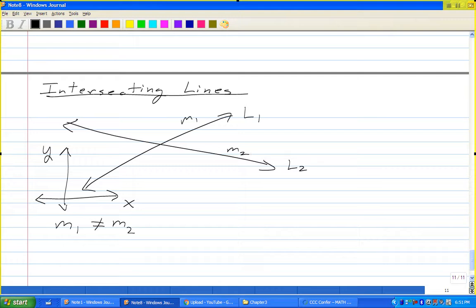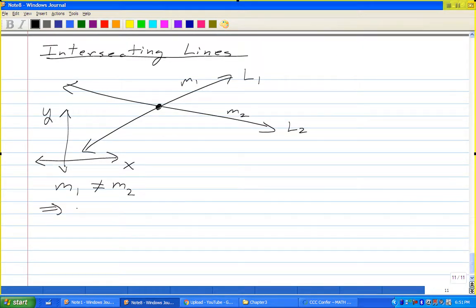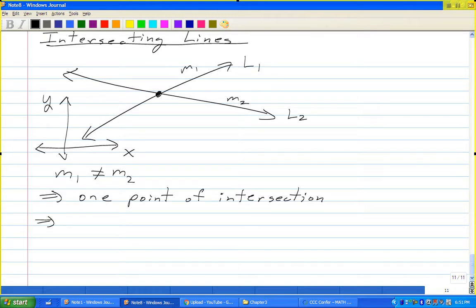If these 2 slopes are not equal, then there will be one point of intersection between these 2 lines. And so that means that this system will have a unique solution.